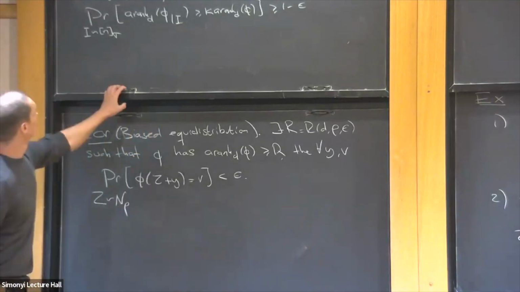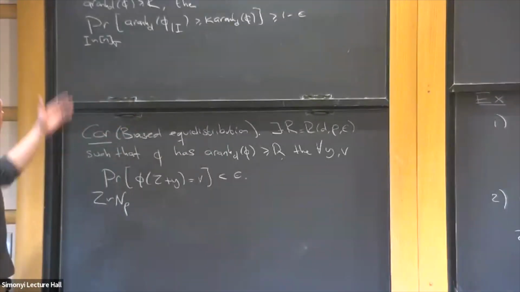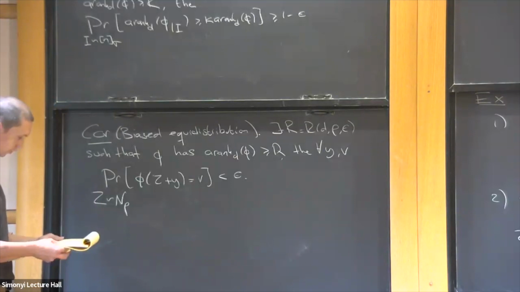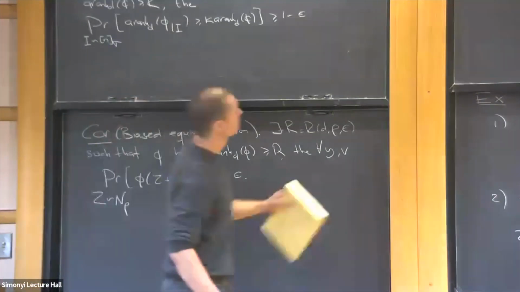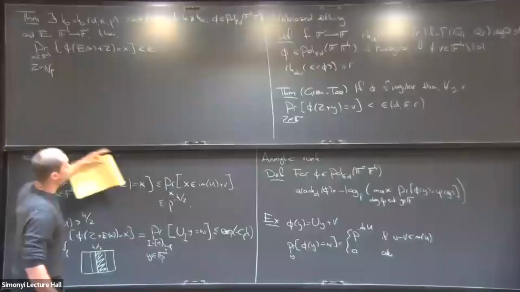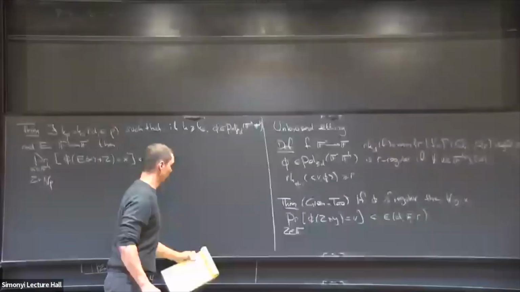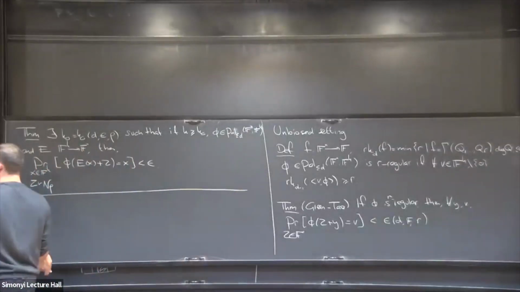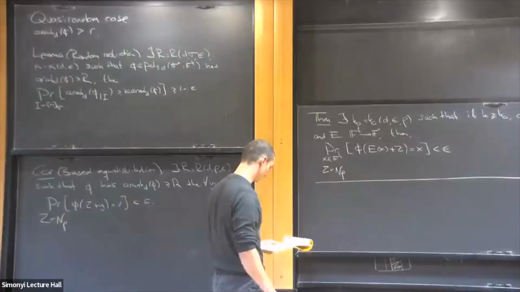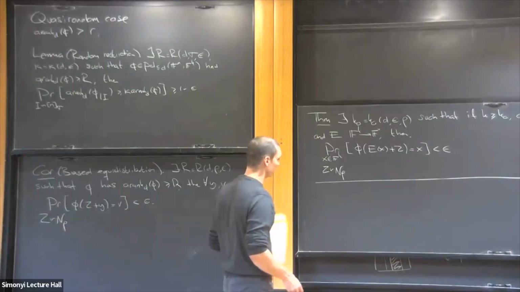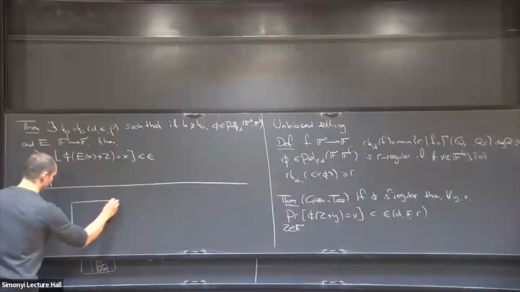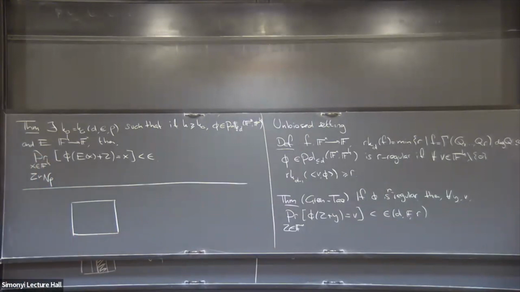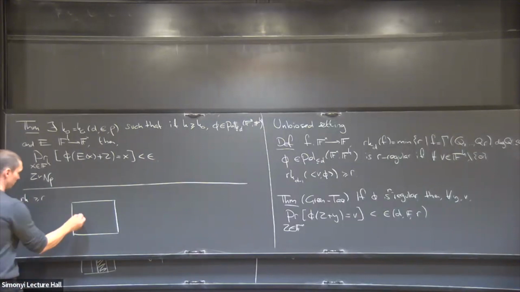Okay. So the core of the quasi-random setting is this random restriction lemma. And there's a way you would like to prove this, which you get inspired by if you consider the matrix case. So suppose that you have a matrix, and you know that its rank is at least R. You know that there are linearly independent rows.